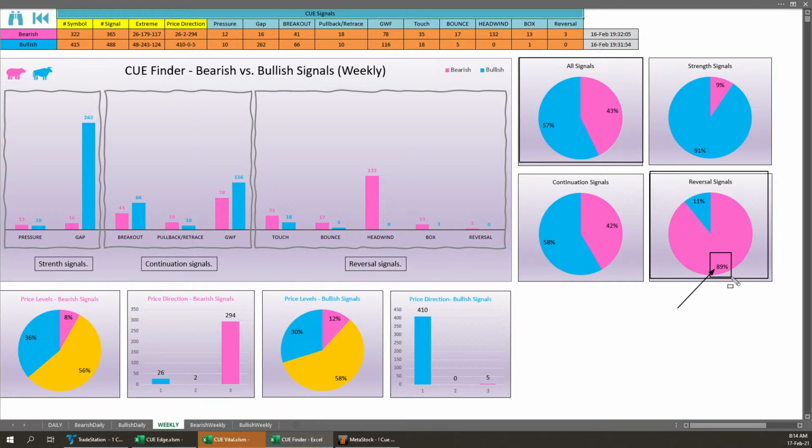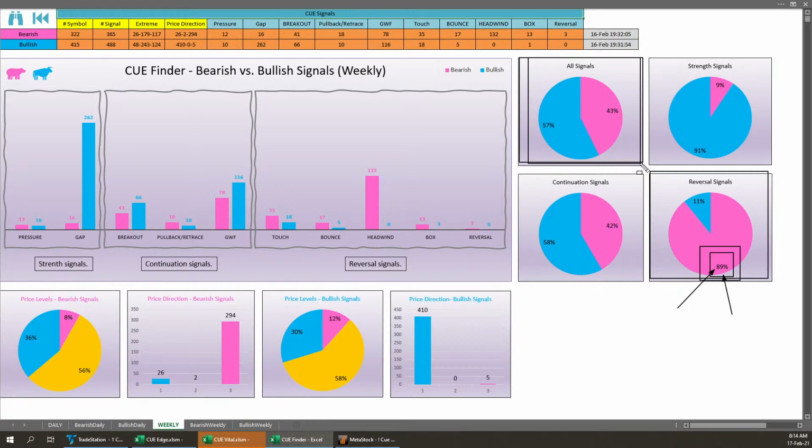And as of today, 89% of reversal signals are bearish. This percentage is gradually going up. And as I mentioned, I am maintaining the same view. If the market rolls over, these stocks are going to give lucrative shorting opportunities.